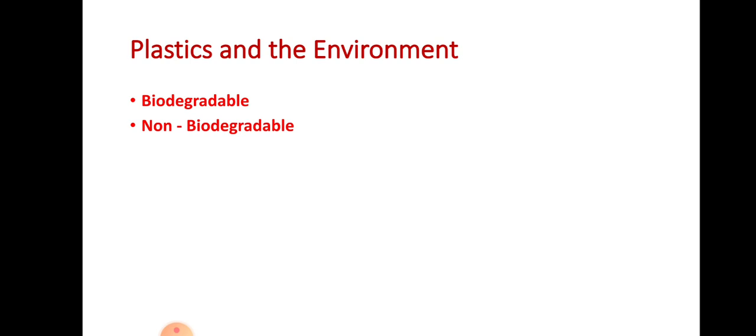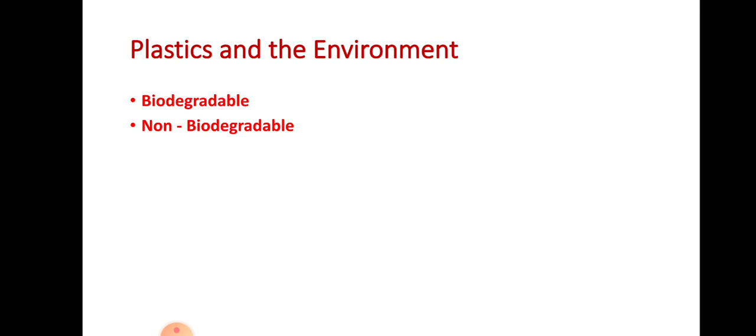Okay, and we have to follow the 5R principle: reduce, reuse, recycle, recover and refuse. If we follow these five principles, our environment will keep us in a good manner.